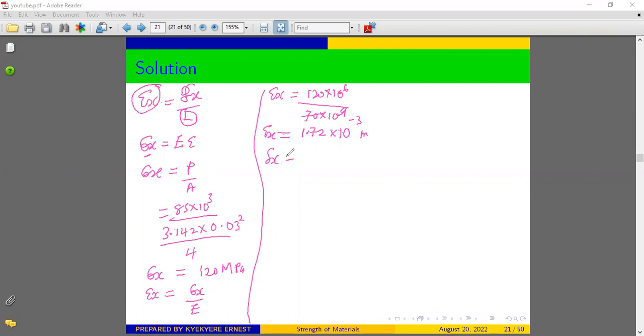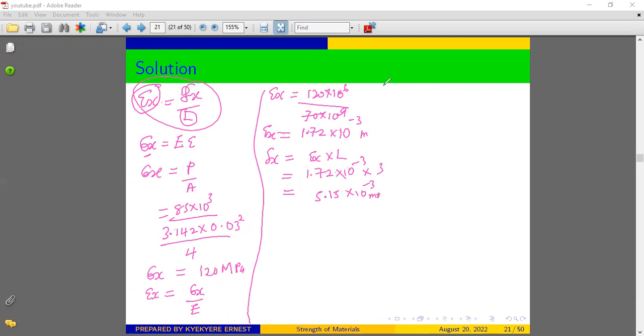The deformation x is equal to, from this formula, the strain times the original length. And we're given the original length to be 3 meters. So we have 1.72 times 10 to the power -3 times the original length, which is 3. And from there, we are going to get our deformation as 5.15 times 10 to the power negative 3 meters.